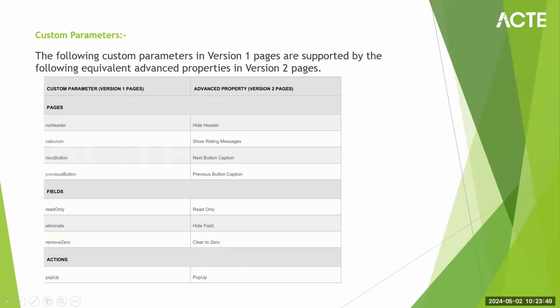This is for version 2, like a 6x manuscript. This is for a 7x manuscript. No difference, just a simple change. Here, no header means hide header. The caption is different, but the functionality is the same.